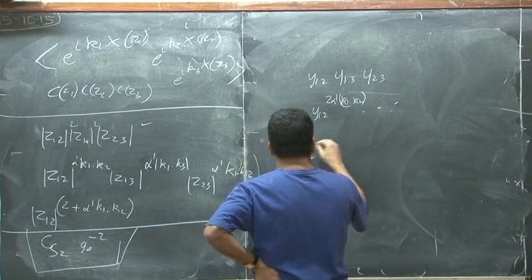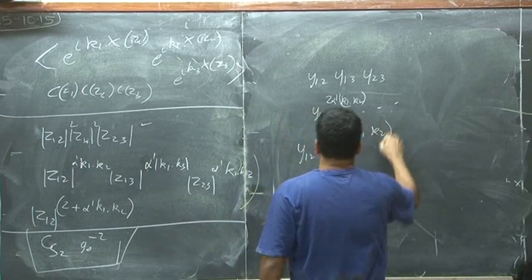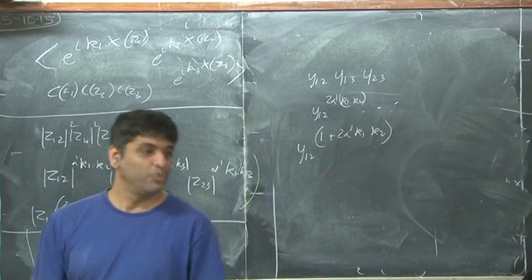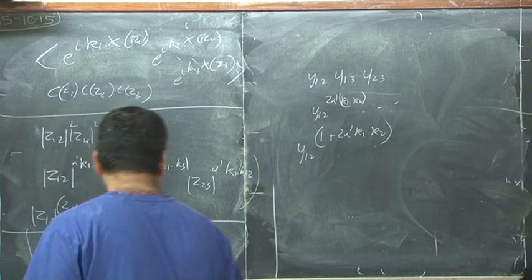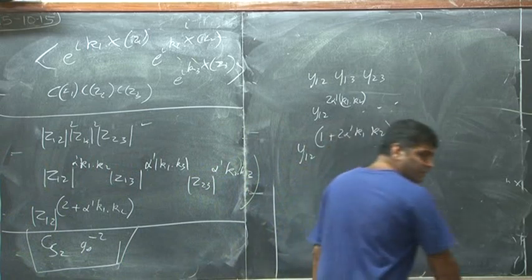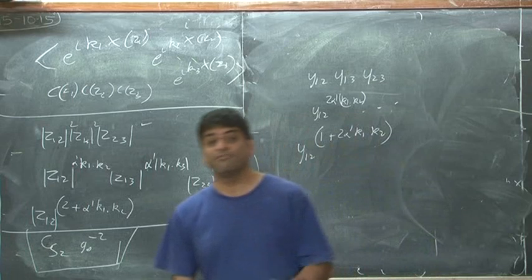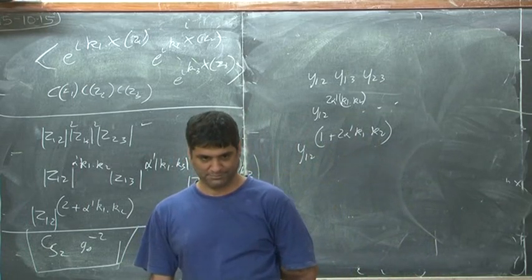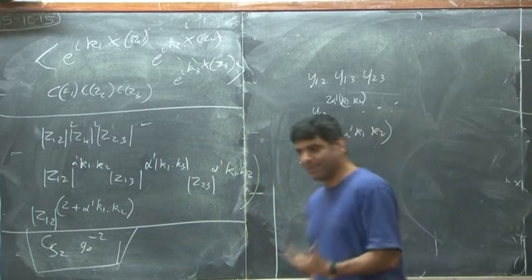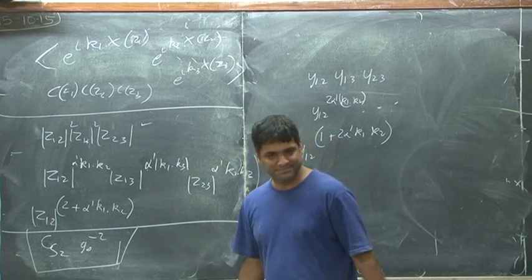So we get y12 to the power 1 plus 2 alpha prime K1.K2 and a product of 3 such terms. Now the question is, what is K1.K2 for the open string tachyons? But we figured that out. We knew that K1 squared, K2 squared, K3 squared, each of them is 1 over alpha prime. So 2 K1.K2 is minus 1 over alpha prime.